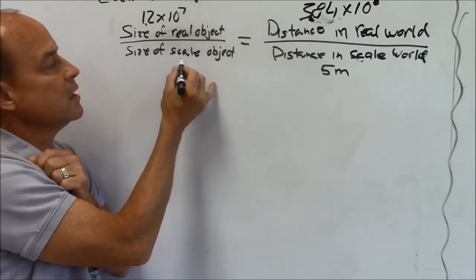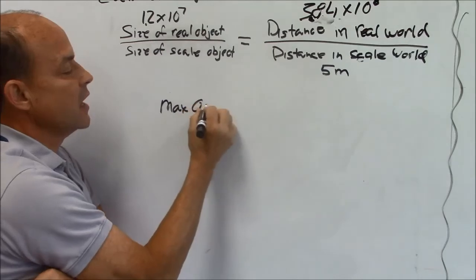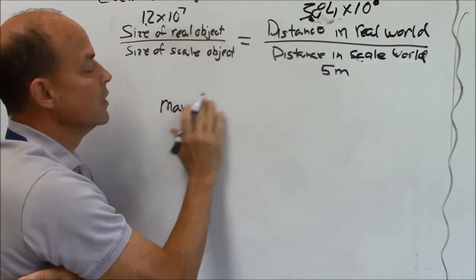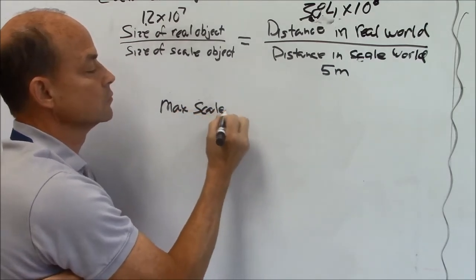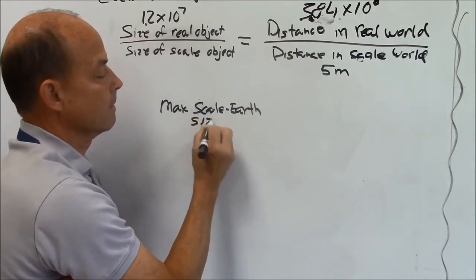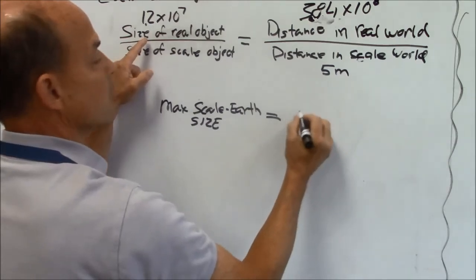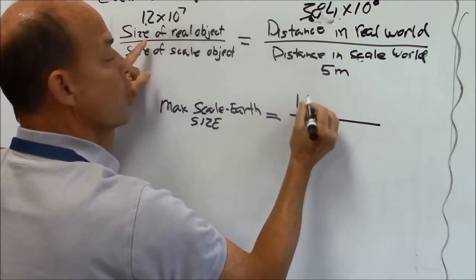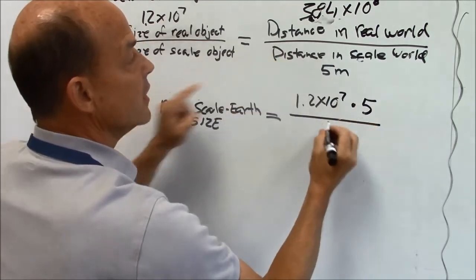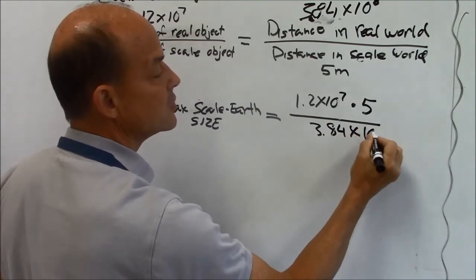So if we rearrange this equation, then we can say max object size, or in this case maximum scale Earth size, is equal to, do your cross multiply, 1.2 times 10 to the 7th times 5 divided by 3.84 times 10 to the 8.